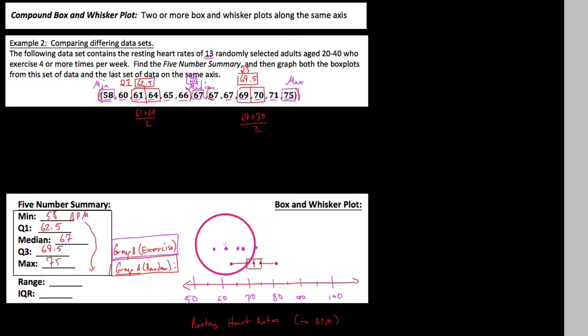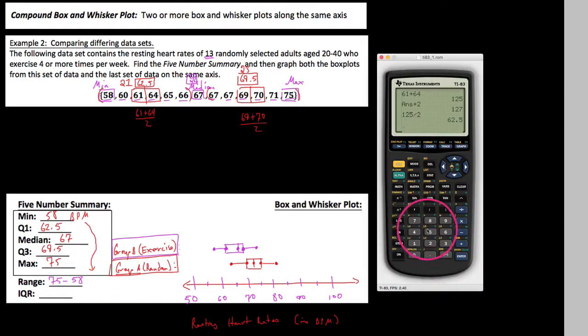And so again, remember, we're going to put our vertical lines around the middle 3 points first, create our box, and then our whiskers. And so instantly, some things that I do want to actually calculate are these: our range and IQR for the second data set before we get too far. Our range, recall, is going to have to be 75 minus 58. And so 75 minus 58, I do want to check here.